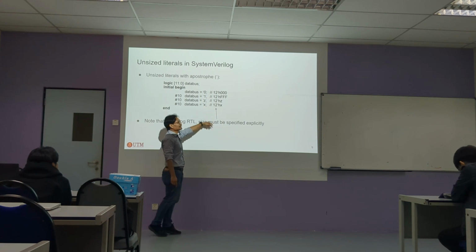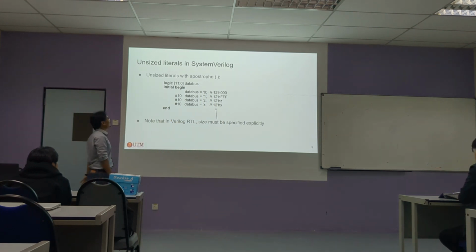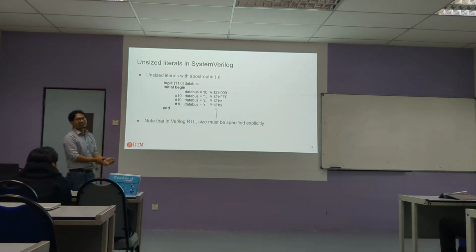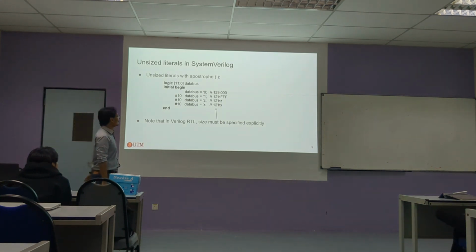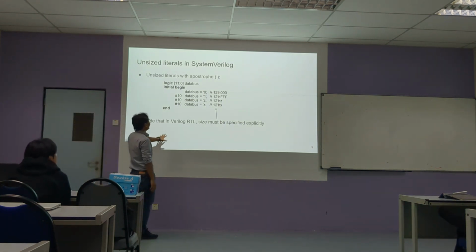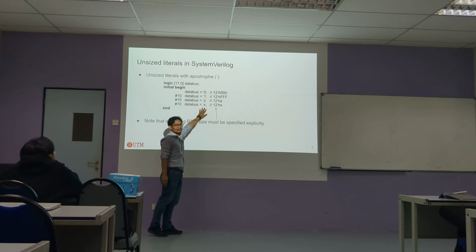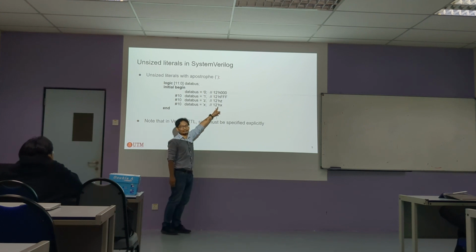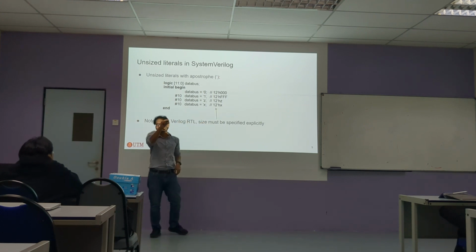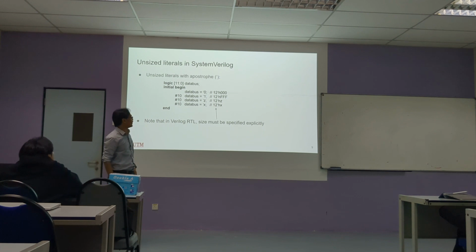Why is it interesting? Let's say, for example, I change my data bus to 32-bit. Do I need to change anything in my coding here? No need. But in Verilog, if I change the data bus to 32-bit, I need to change this to 32, manually, one by one, all the way.